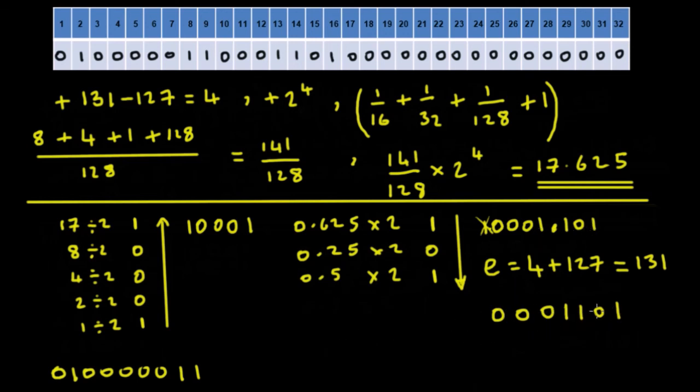So now we'll write this mantissa down next. So we're going to have 0, 0, 0, 1, 1, 0, 1.